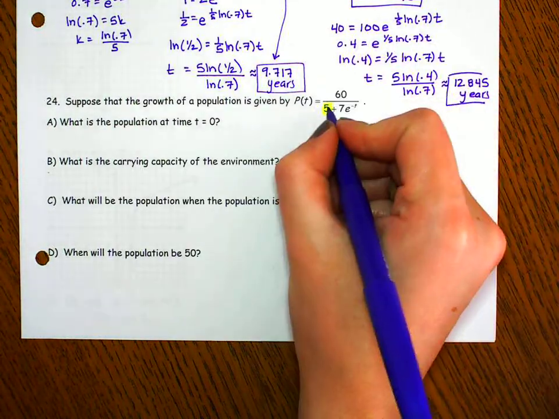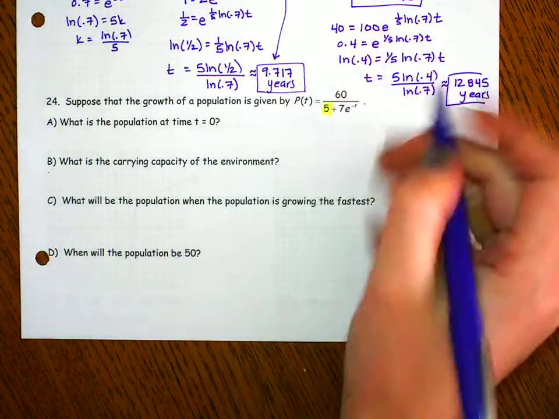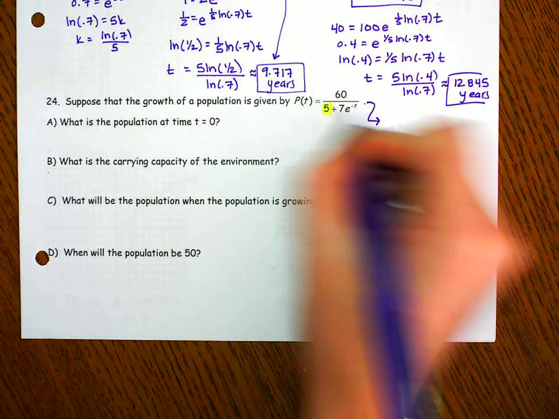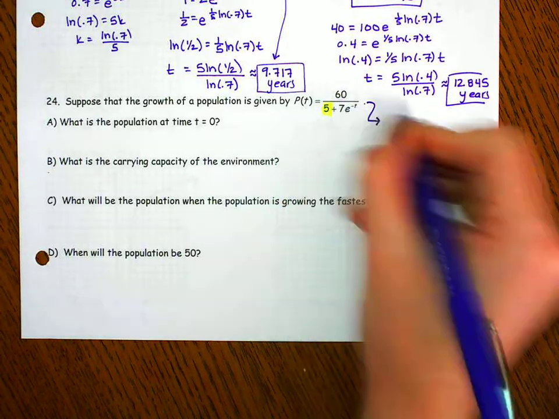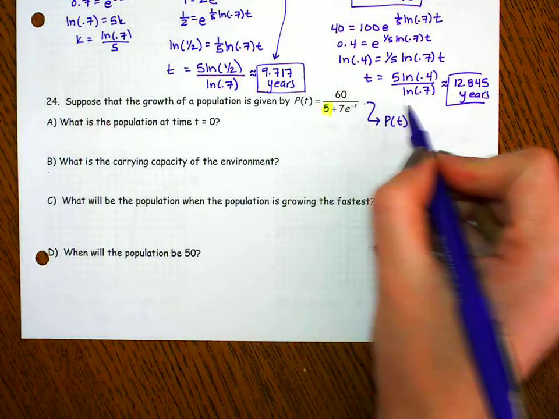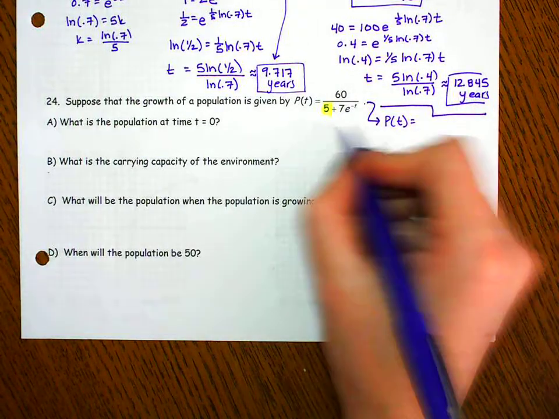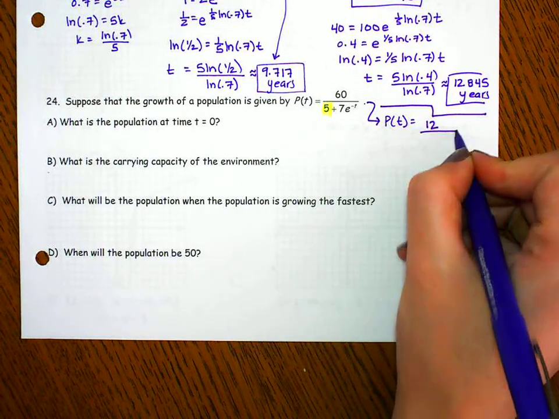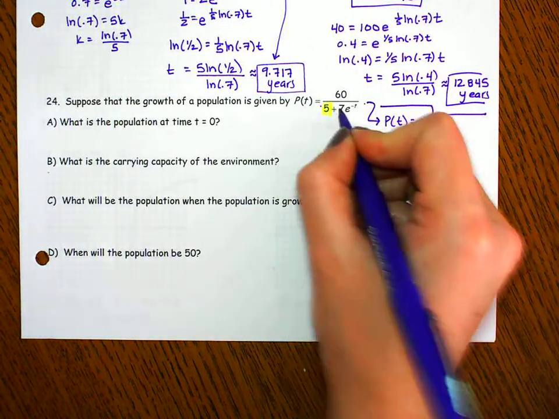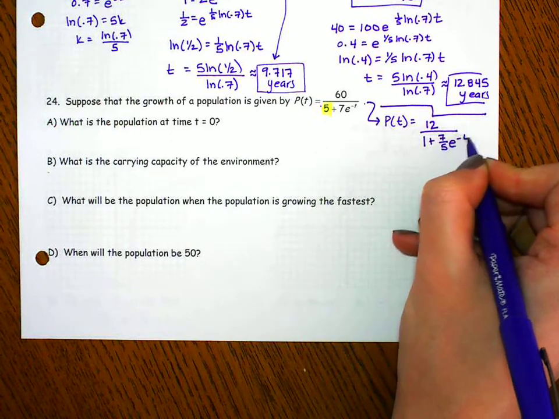For this formula to work, that needs to be 1, so we're going to rewrite this. I'm going to divide each term by 5. If I divide this by 5, I get 12. So population is going to be 12 over, divide that by 5, I get 1. Divide that by 5, I get 7/5. There's my new function.